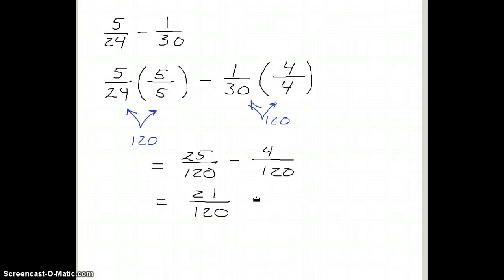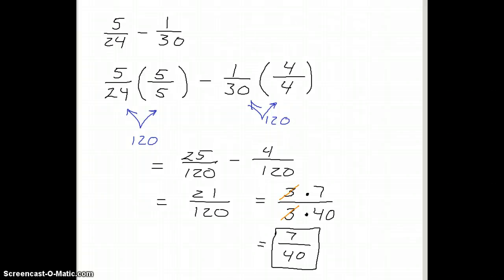So this is 3 times 7. 3 goes into 120 40 times. So notice I'm multiplying. I have the same number in the numerator as the denominator, which means they cancel. And my answer now is 7 over 40.